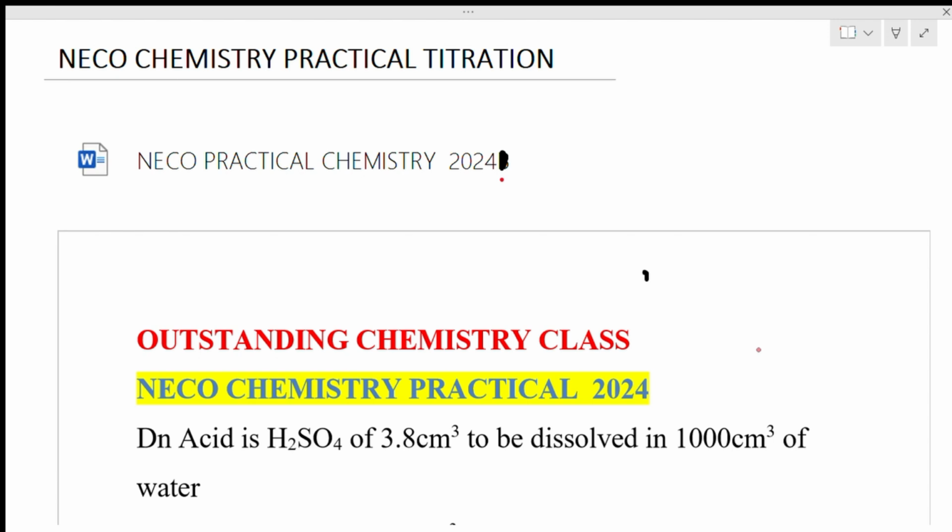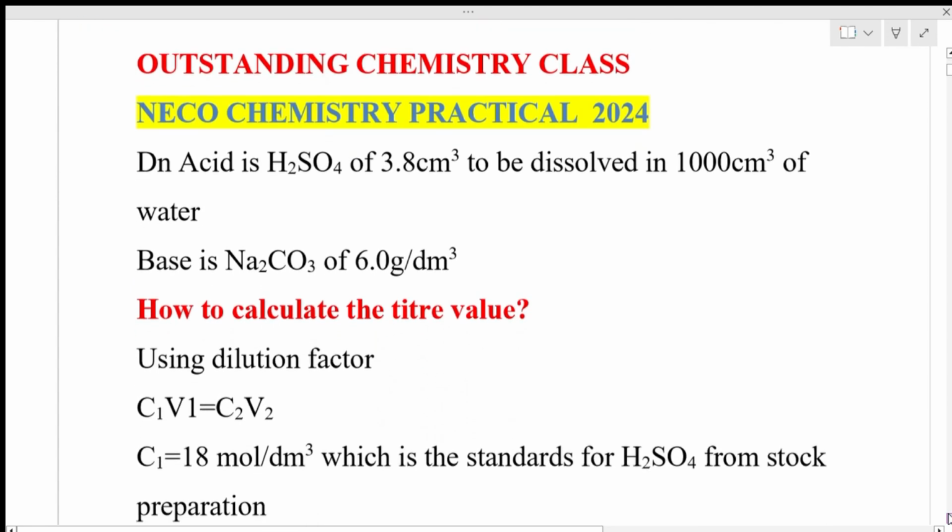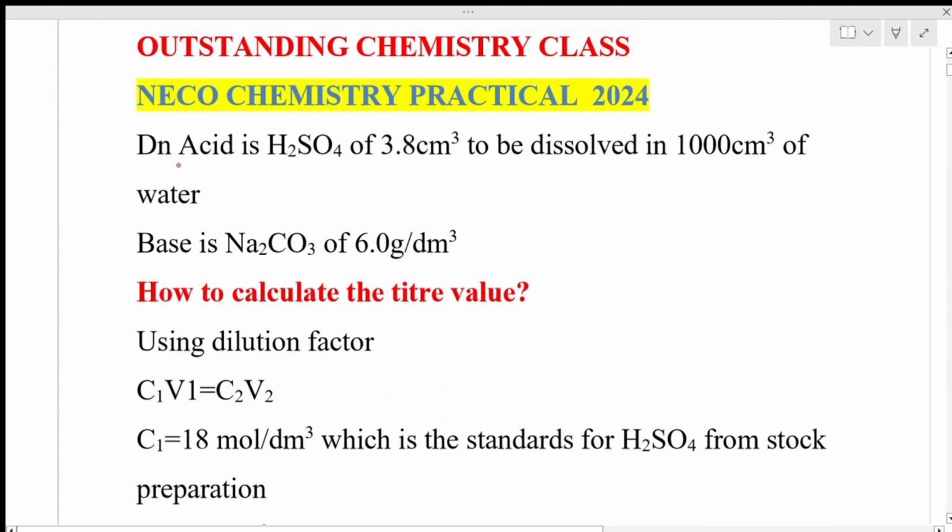Today we're going to be looking at NECO chemistry practical, and I'm going to be basing my teaching on titration. For this NECO 2024, we are given an acid, H2SO4 as A, and we are given 3.8 cm³ to be dissolved in 1000 cm³ of water.